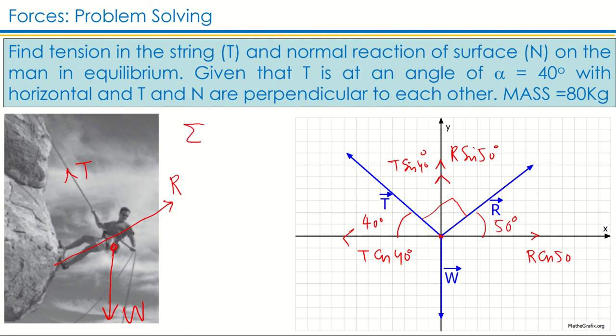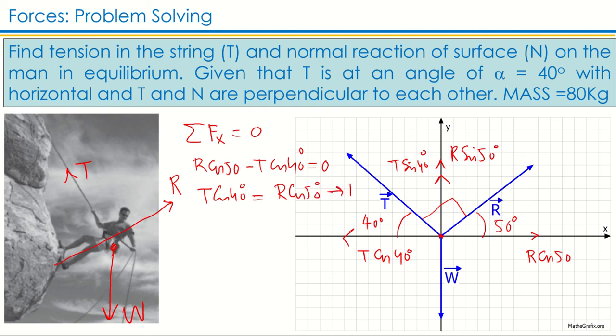So sum of the forces along x direction equal to 0. I can write R cosine 50 minus T cosine 40. So R and T both are unknown, so we cannot go further with this equation, but I can simplify this as T cosine 40 equal to R cosine 50.